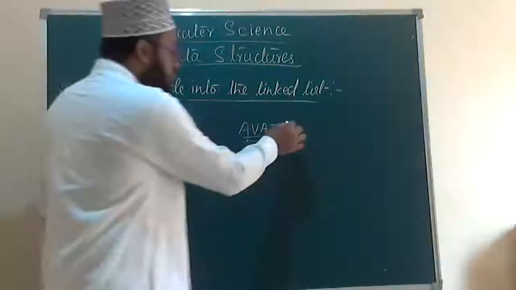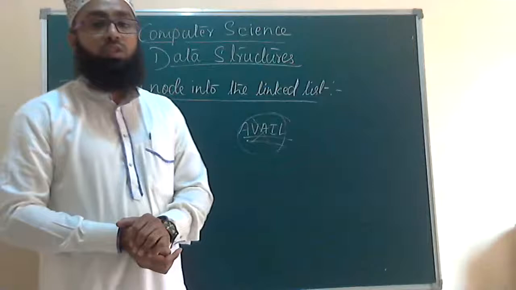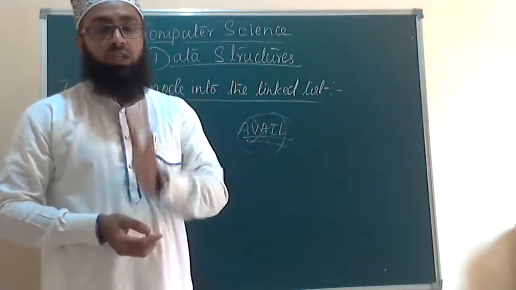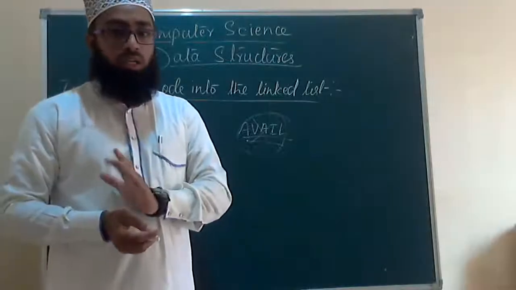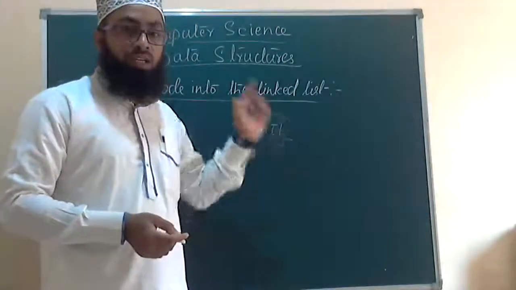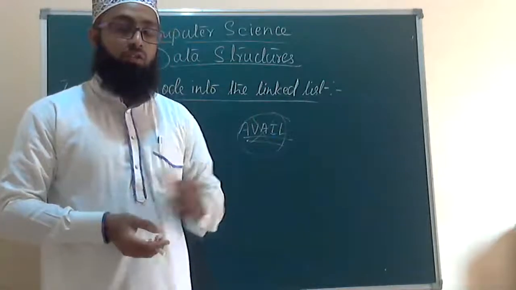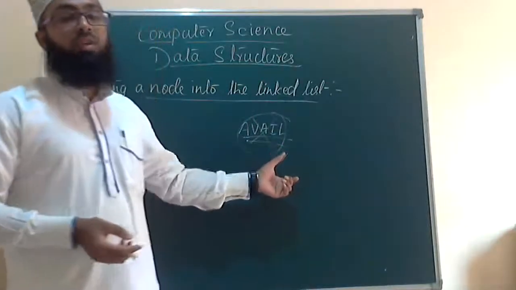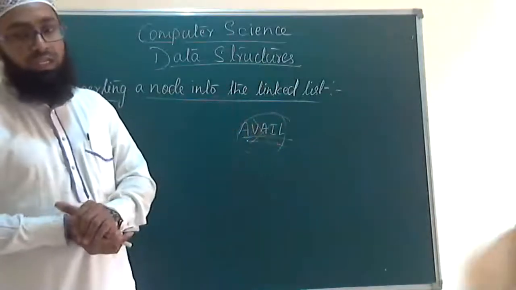If there is no node in the avail list, then it is not possible to insert a node into the linked list. Hope you have understood. If a node is present in the avail list, then only we can insert a node into the linked list. If there is no node in the avail list, we cannot insert a node into the linked list.